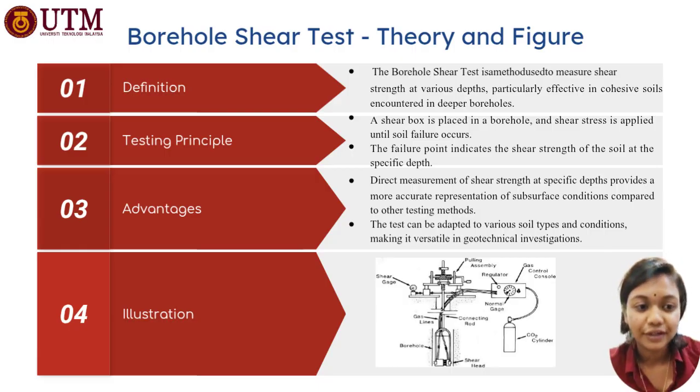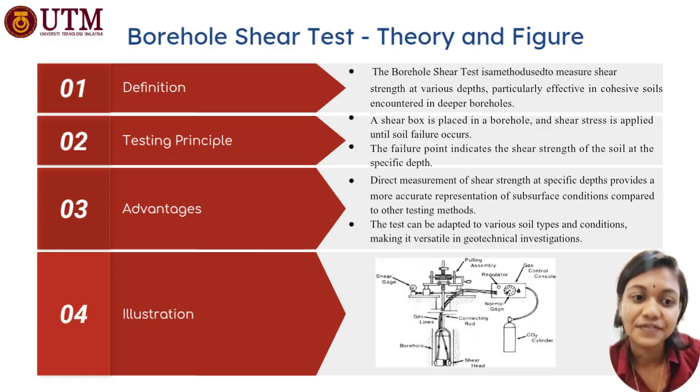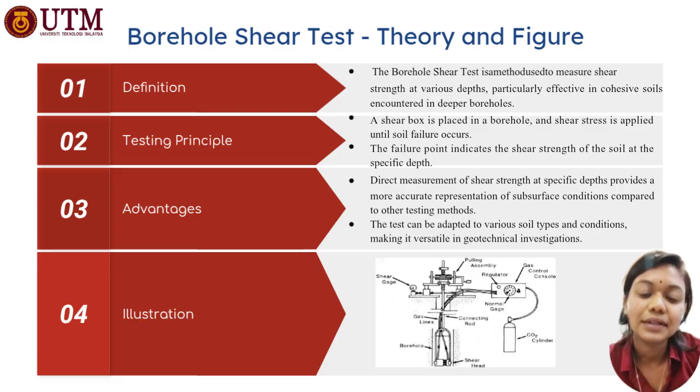The point of failure gives the soil strength at the specific depth. The advantage is that it provides accurate, depth-specific shear strength data, and is also more representative of soil conditions compared to surface tests. It can also be used in different kinds of soils.